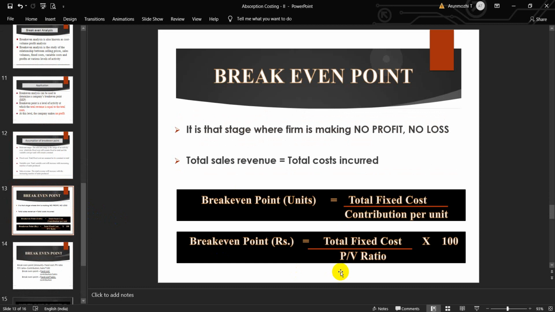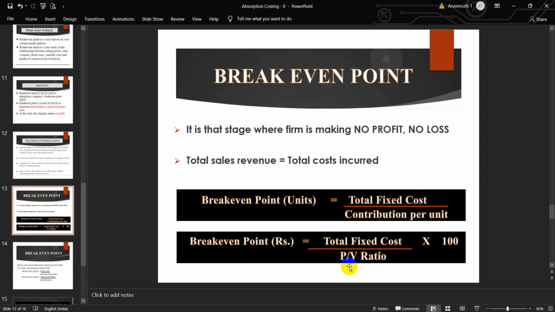Break-even point. The formula. In units and in rupees it is given. Total fixed cost divided by contribution per unit. Suppose the break-even point in rupees is given. It is total fixed cost divided by PV ratio into 100.